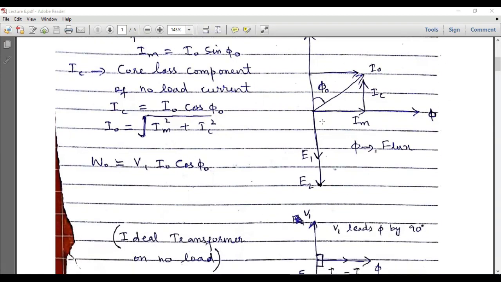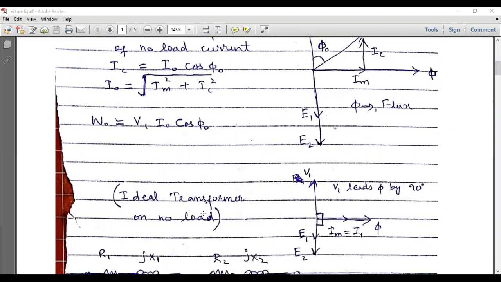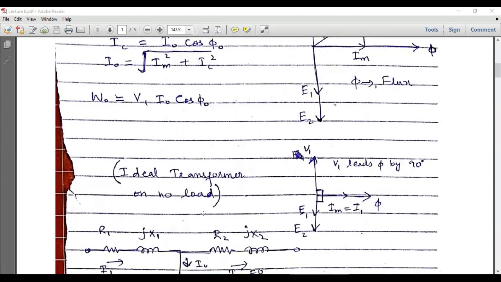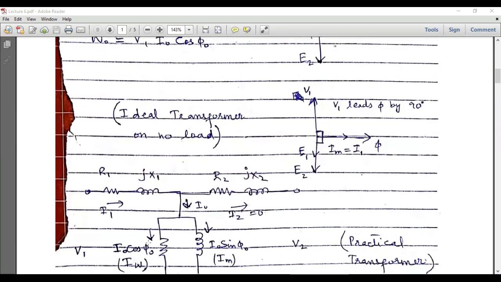So this is a practical transformer at no load, and if we discuss the ideal transformer at no loaded condition, again this is V1. Here we will have E1 and we will have E2 also here. This is the direction of flux, and in an ideal transformer there is no such resistor. So I naught will be equal to this IM, because there is no resistance, and all of the no load current will be the magnetizing component of the no load current.